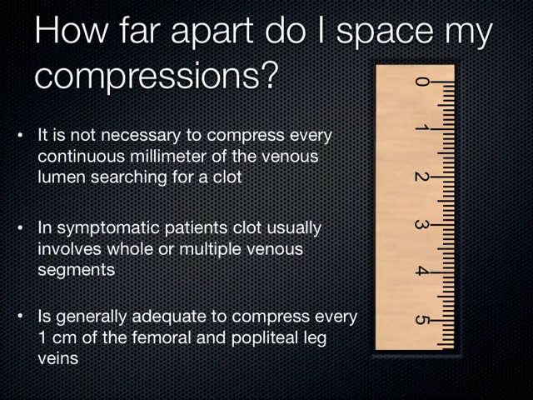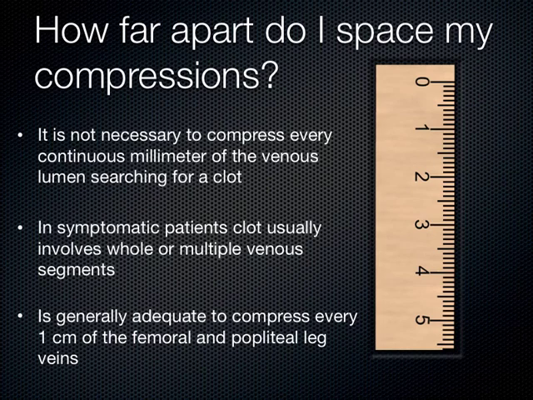A centimeter. It turns out it's okay to skip and just do 1 centimeter increments going down the leg. So I start really high up in the inguinal region at the inguinal canal, as high as I can, where the saphenous vein dumps in, and then I compress and I do 1 centimeter increments down the leg until I'm about halfway down the leg, or until I lose sight of the femoral vein.